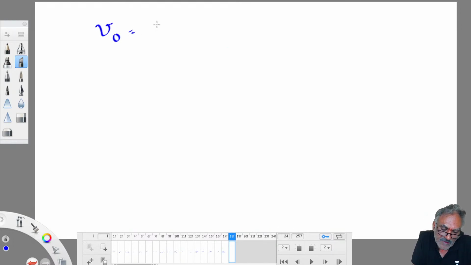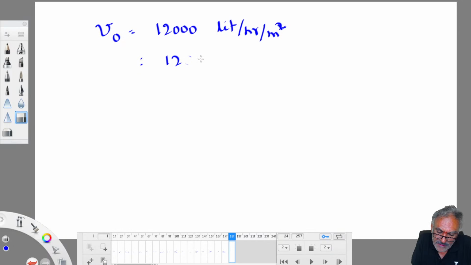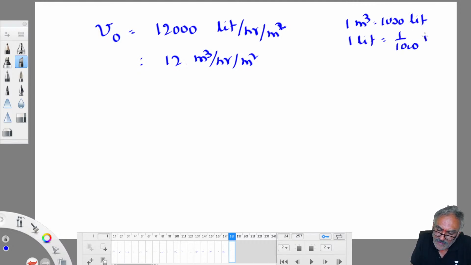So V0 is given as 12,000 liters per hour per meter square. See, the unit system is strange. You convert, because we calculate settling velocity in meters per second. Let us convert this also into meters per second. 12,000 liters converted into meter cube is 12 meter cube per hour per meter square, because 1 meter cube is equal to 1000 liters, so 1 liter is equal to 1 by 1000 meter cube.